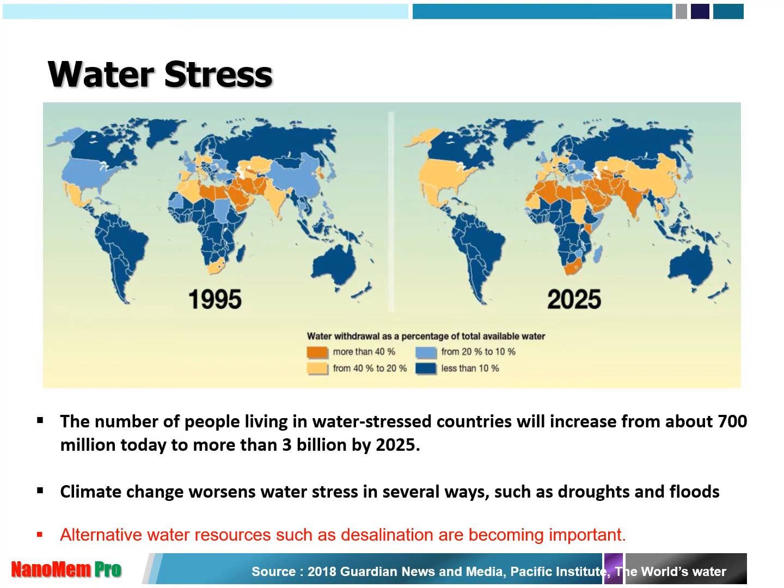So let's look at these world maps. You can see the more than 40% of water withdrawal as a percentage of total available water, and from 40% to 20%, the yellow color.